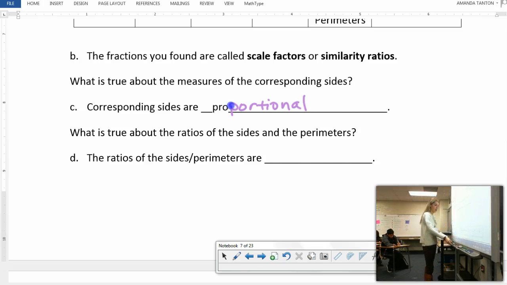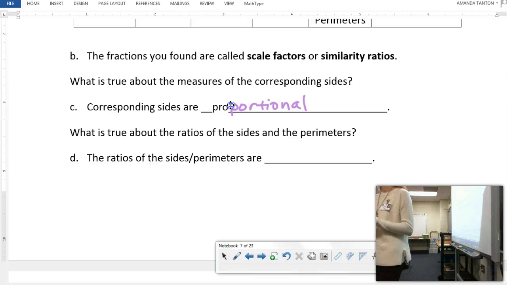That's the word I was looking for. The sides are proportional. Are the sides equal? Are ABC sides equal to DEF sides? No, they're not equal at all. One is way larger than the other. But the sides are not equal, they are proportional. All right? Jose, what about the ratios of the sides?